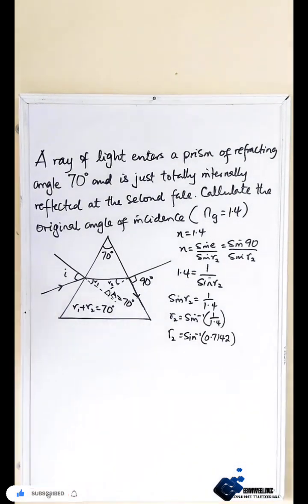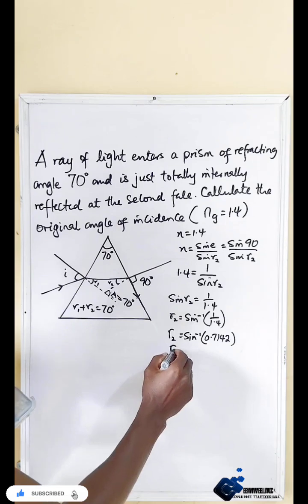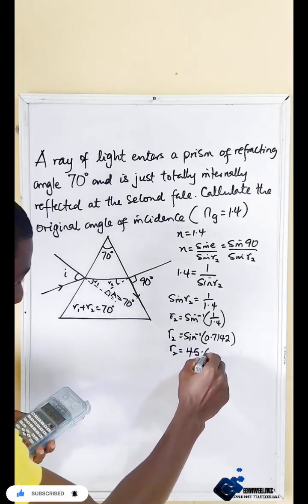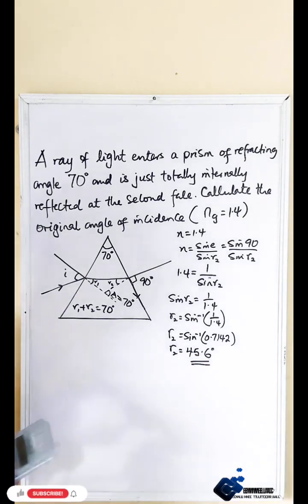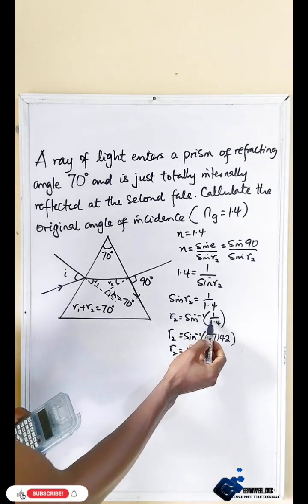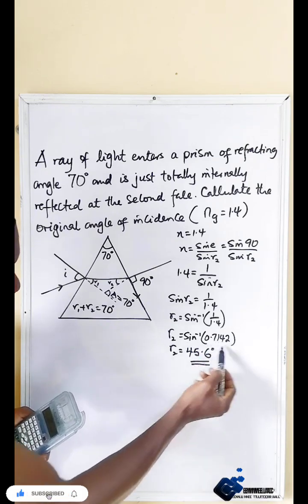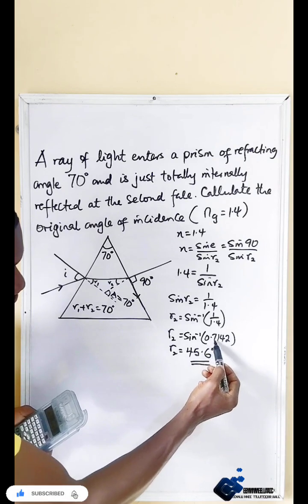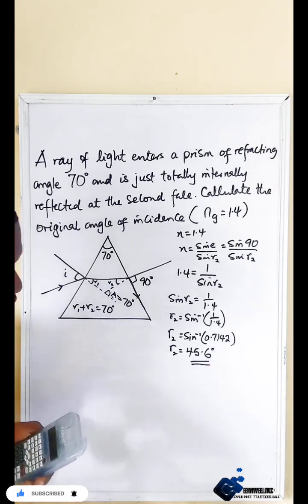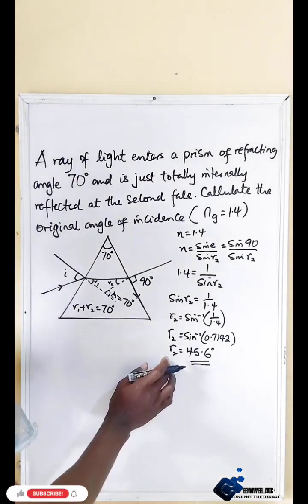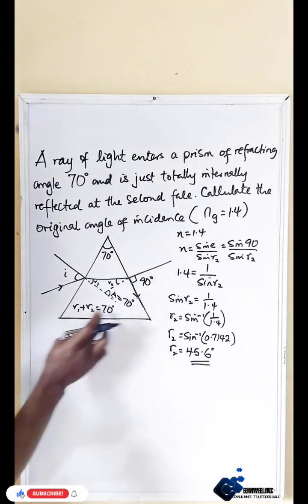Here 1 over 1.4 will give us 0.7142, and the inverse sine of 0.7142 gives us 45.6 degrees.